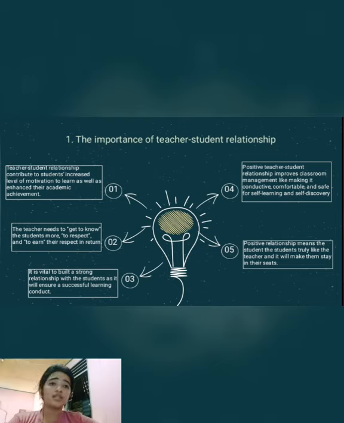The fourth is positive teacher and student relationship improves classroom management like making it conducive, comfortable, and safe for self-learning and self-discovery. The last thing is positive relationship means the students truly like the teacher and it will make them stay in their seats.